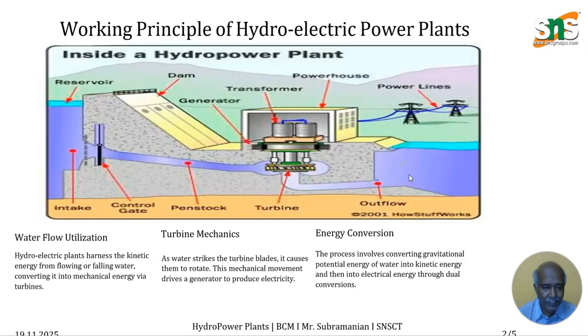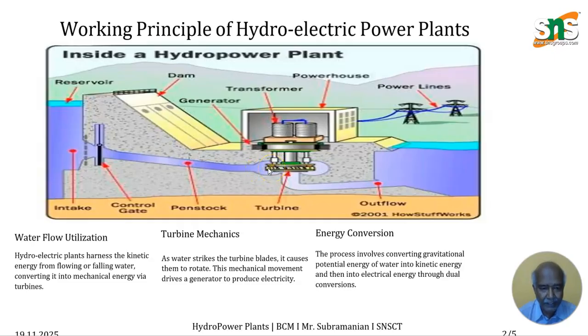In water flow utilization, the kinetic energy from the flowing or falling water is converted into mechanical energy. As the water strikes the turbine, it causes it to rotate, and the mechanical movement drives the generator to produce electricity. Now the energy conversion: the potential energy of water is converted to kinetic energy when it is forced to hit the turbine.